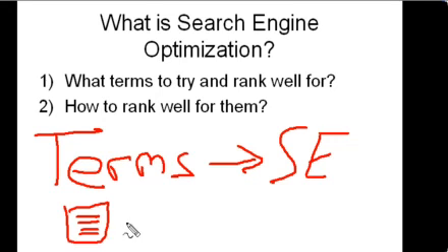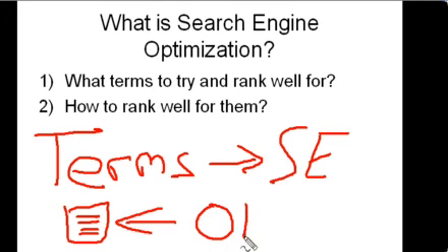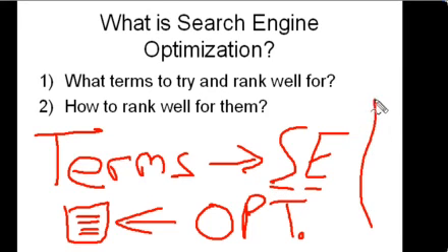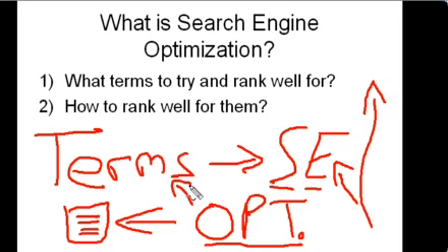That's what we mean by optimization. The optimization refers to your website. It also refers to the links coming into your website. That's what search engine optimization is. You're going to go up high in the search engines because you've made your site optimized for particular search terms.